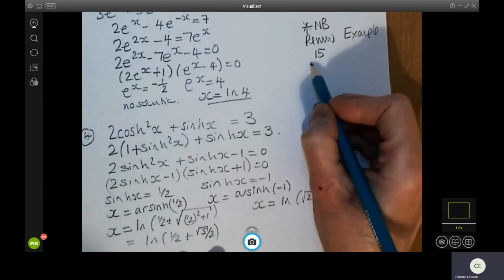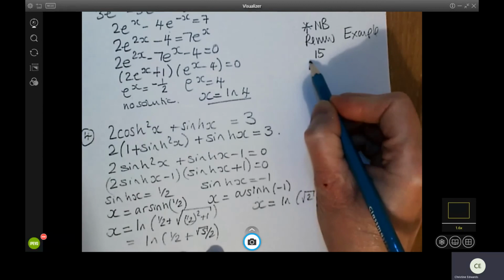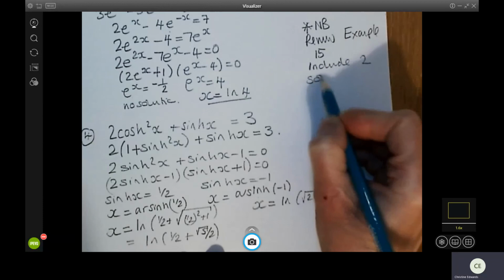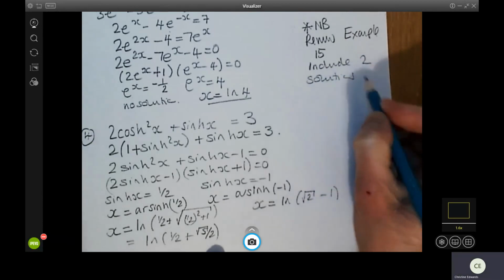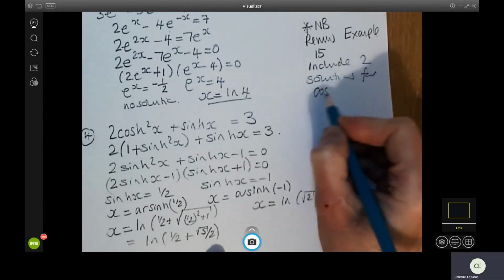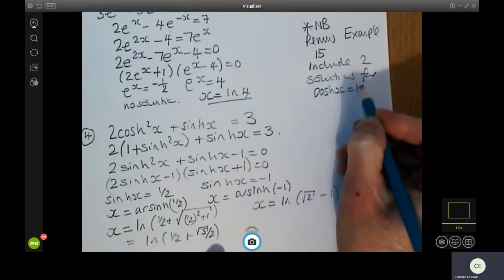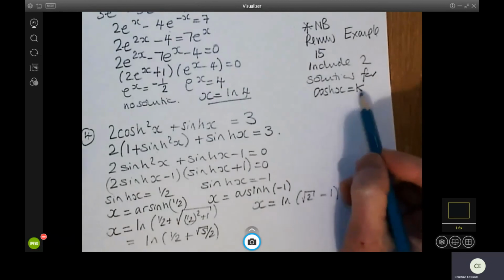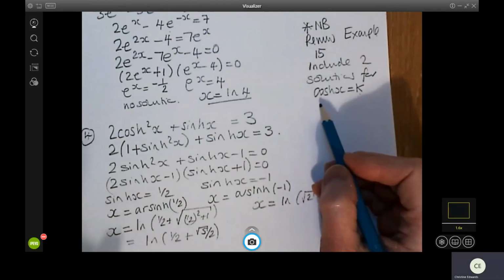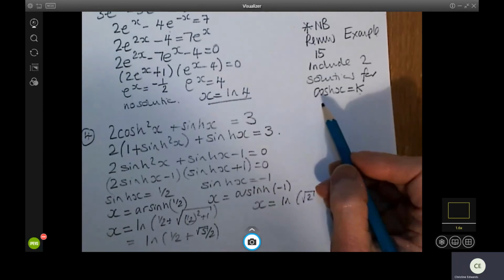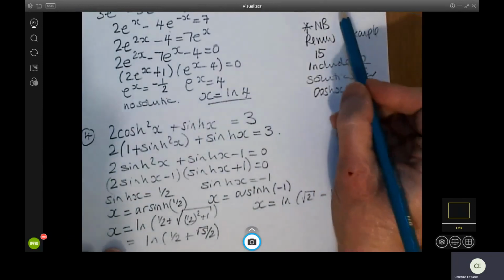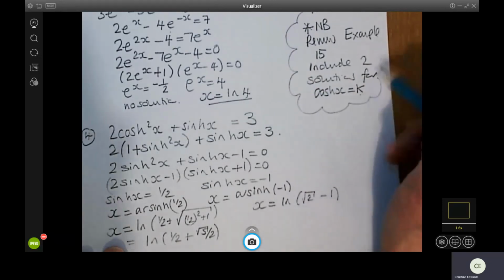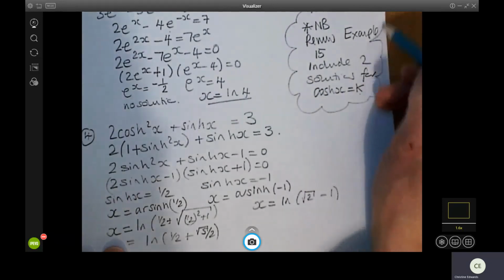And we need to be careful to ensure that we include 2 solutions for cosh x equals some value k where k is greater than 1, because we have to remember that the graph will have 2 solutions when any value of y is greater than 1. So have a look at example 15 and make sure that makes sense.